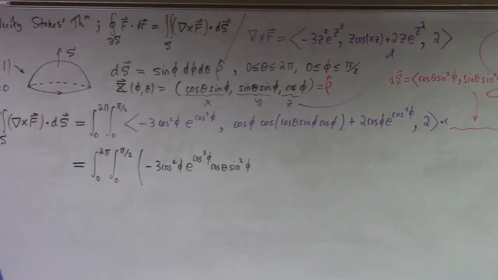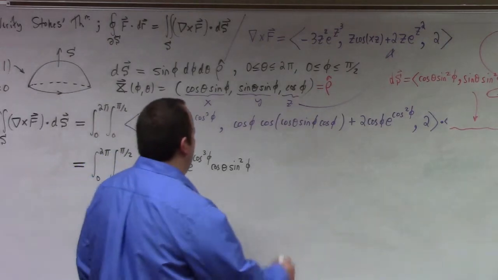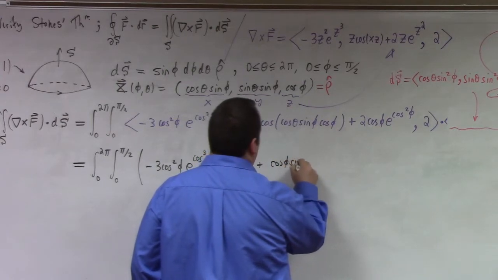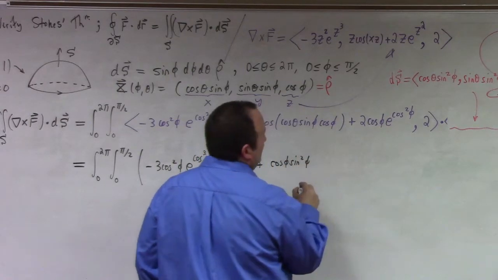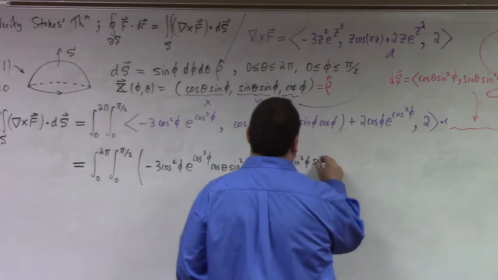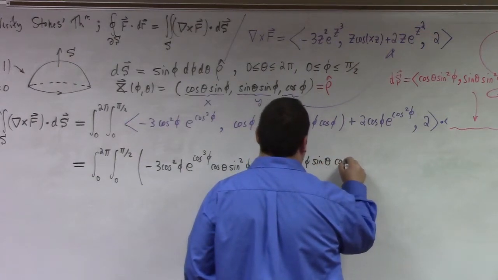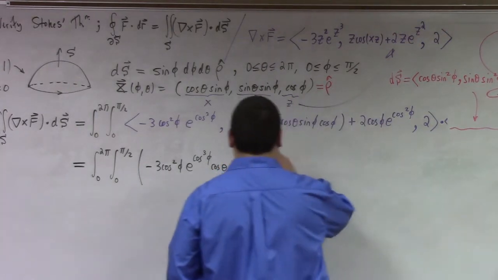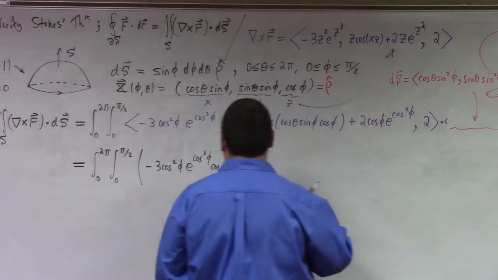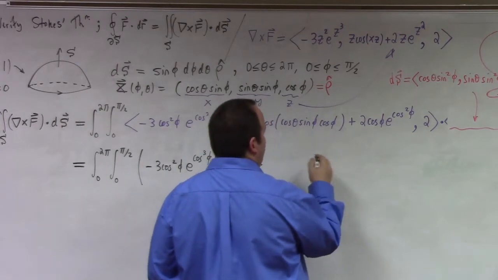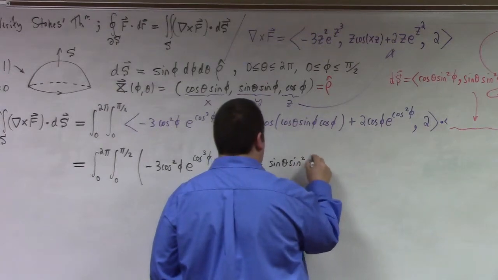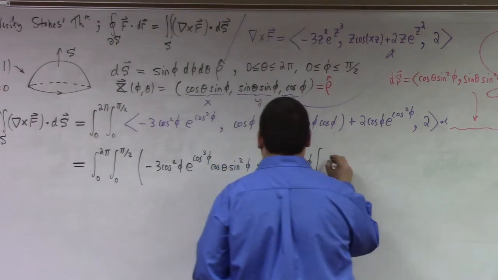Anyway. There's one term. Cosine phi, I'll get my sine squared phi. And then I've got my sine theta, and then the ugly cosine stuff. Oh, good grief, it's worse than that. It's the wrong way to do it. We've got our sine theta, sine squared phi. There must be a reason for this stuff to integrate to 0, most of it.